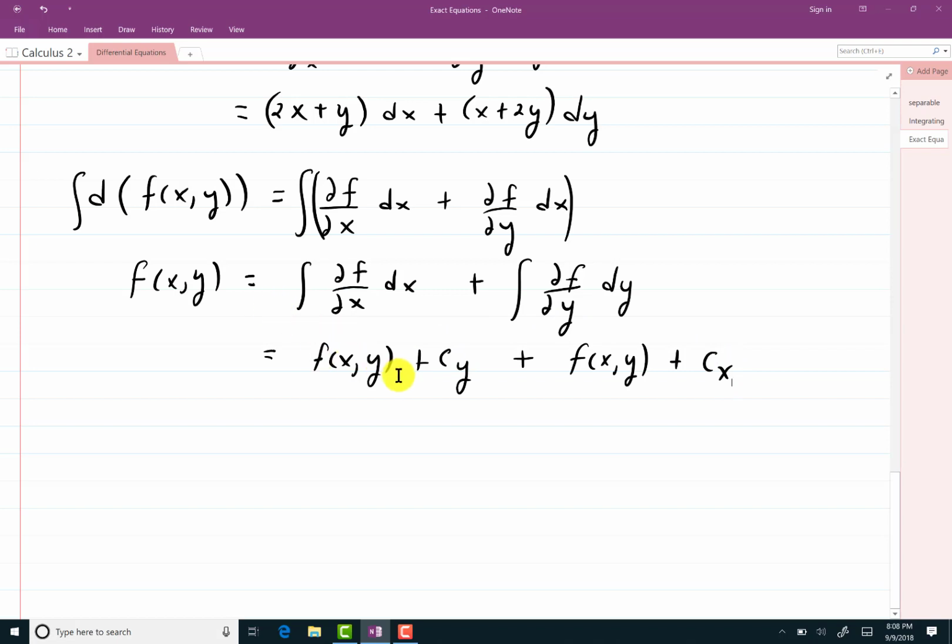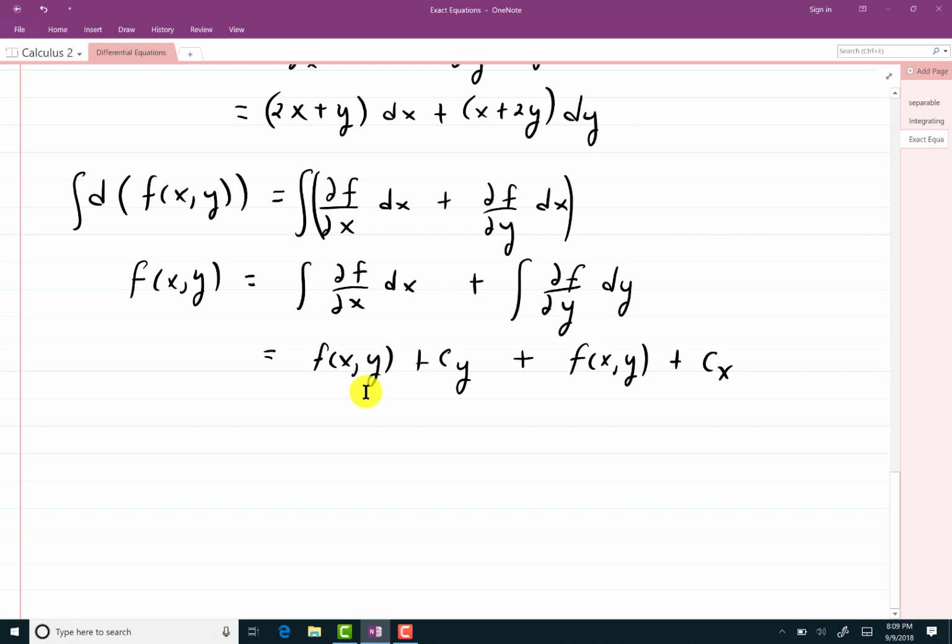Now, this is not that big of a deal. It may say, why is f of xy equal to 2 of these? Well, remember, the equation we're trying to solve was equal to 0. That means it's going to be a constant. And if I wanted to, then if I got 2 of these things, I could simply divide by 2, and on the other side I would have a constant, and the constant would swallow up that division by 2. So this is the game plan of what we are going to do.